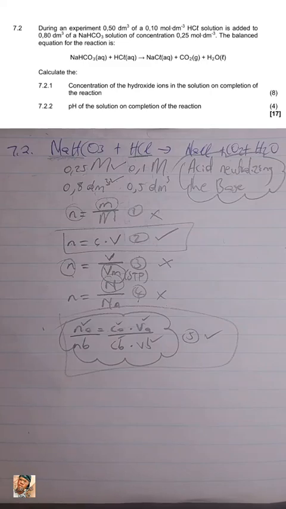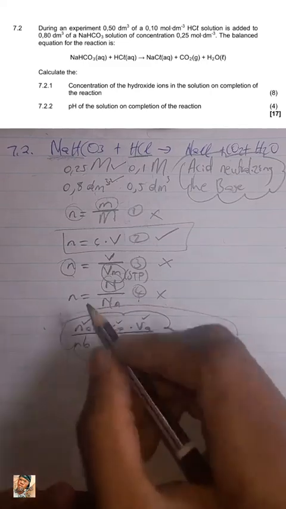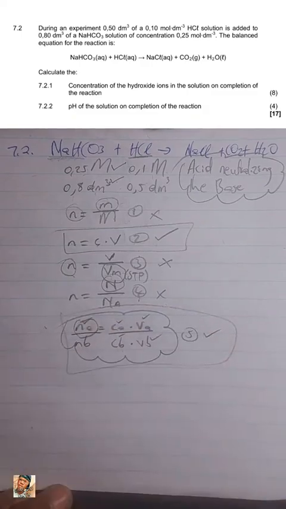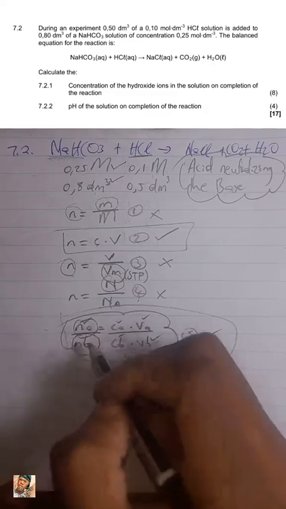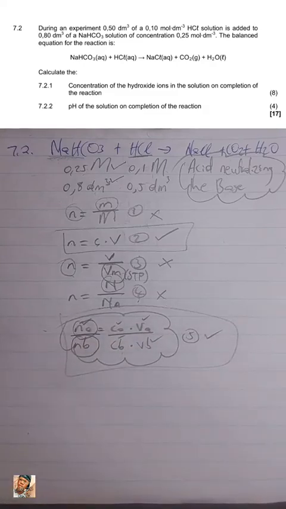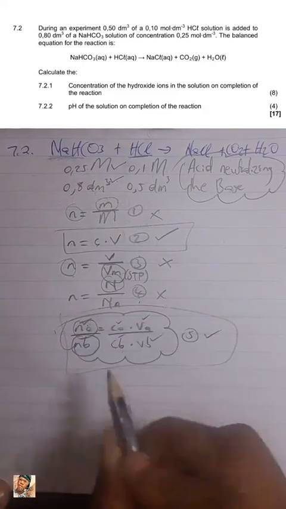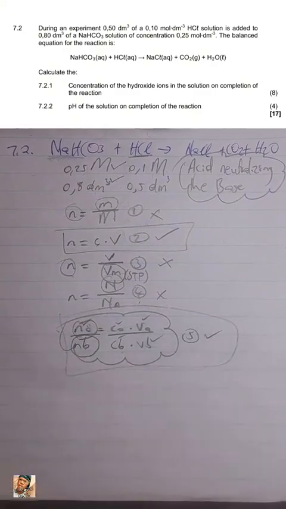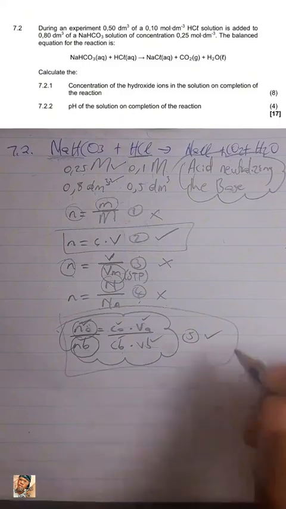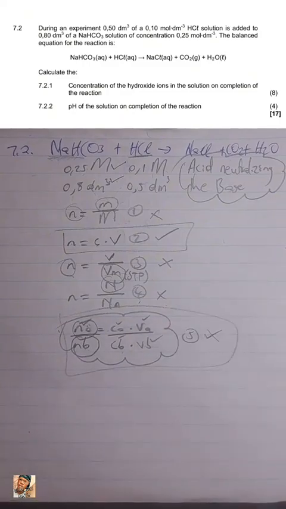By the way, equation 5 is only one equation, and it has two unknowns. We do not know the number of moles of the acid. We also don't know the number of moles of the base. So we cannot determine both of them using one equation. These are two unknowns. We need two equations at least. You know what I'm saying? So that is why this is also irrelevant. So the only convenient one is equation number 2. I hope that we're still on the same page. Right.